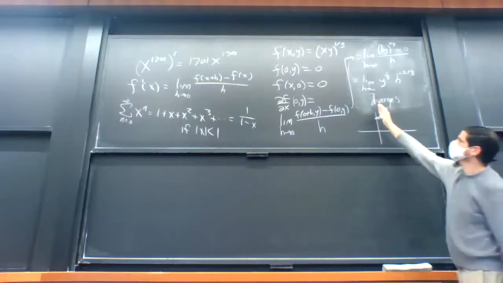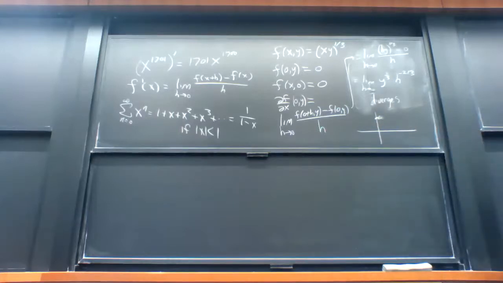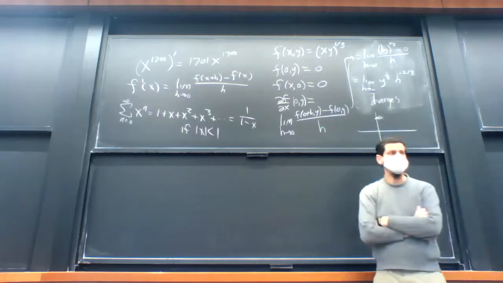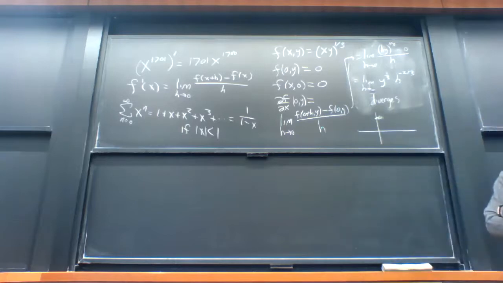So the function is always 0 along the line. But as you get very, very close, what's happening to the function? What does xy to the 1/3 look like? So for fixed value of y, as x gets very, very small, what does xy to the 1/3 look like?